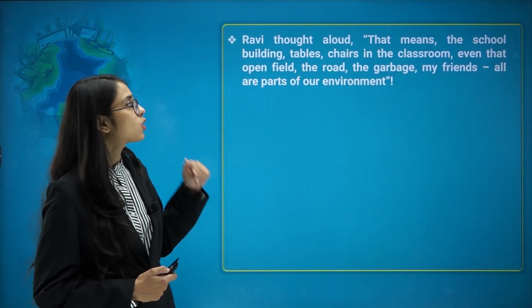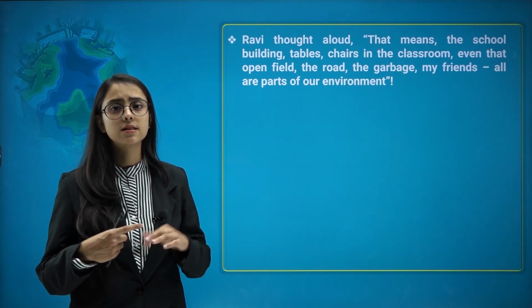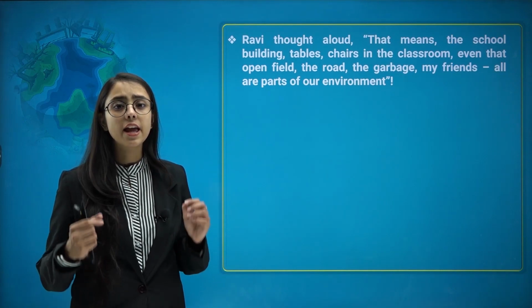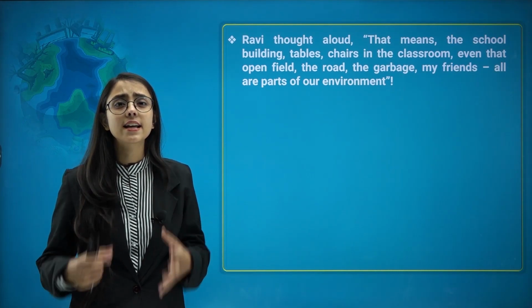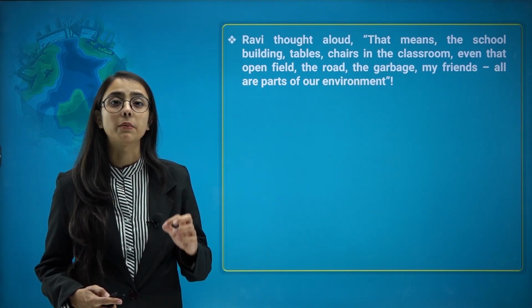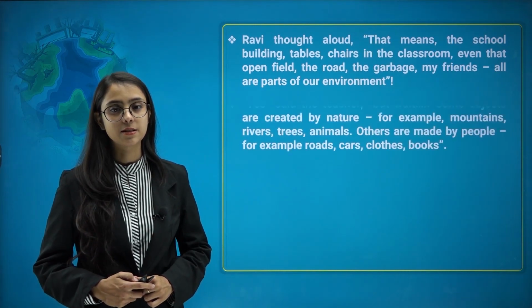So, Ravi thought aloud. That means the school building, table, chairs, classroom, teachers, your peers, your classmates, everything, the open field, the roads, garbage, etc. Everything, every single thing consists of environment. Each and every element around you is your environment.